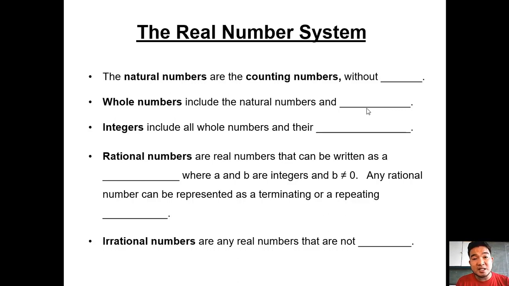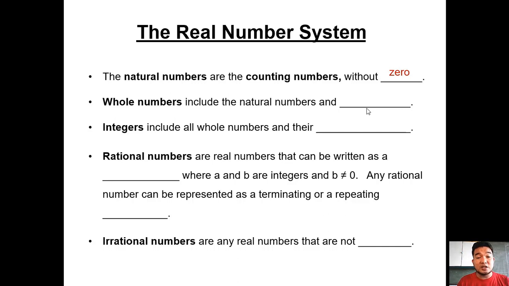And real number system is very important. Okay, the natural numbers are the counting numbers without. The answer is 0. So pag sinabi nating natural numbers, ito ay ang mga counting numbers na hindi kasali si 0. Okay? Don't you worry because we'll be giving examples and we'll be discussing it later.